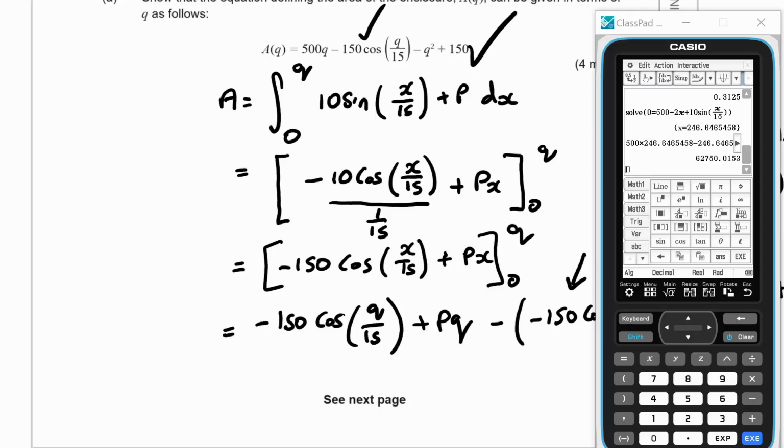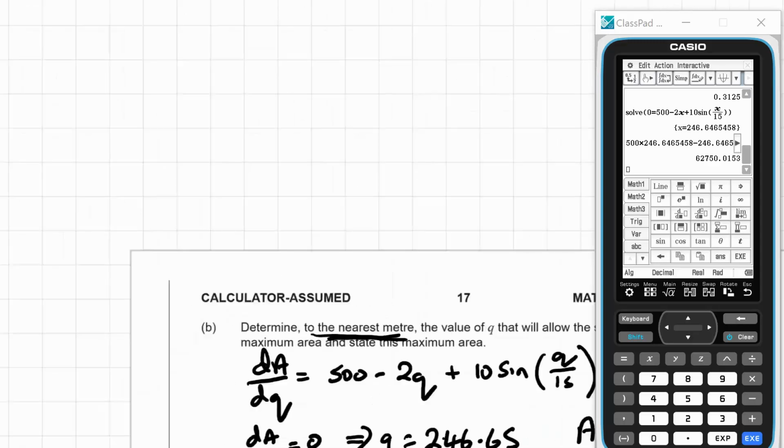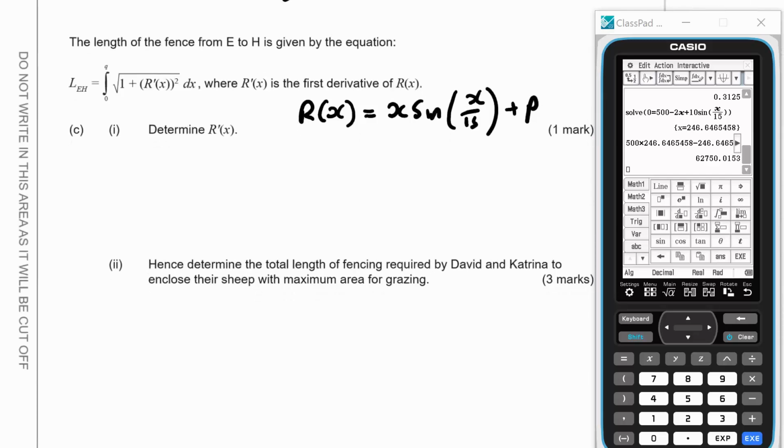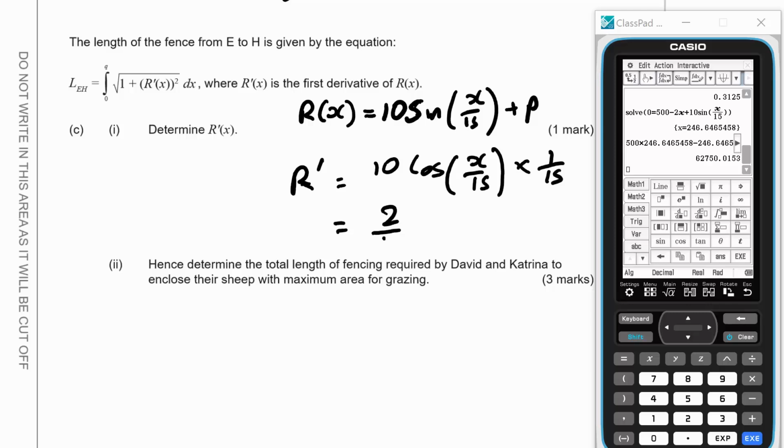There was a 10, wasn't there? Yep. So it was that. So r dashed, sine differentiates to cos. So it'll be 10 cos x over 15. The p is just a constant, that'll disappear. Chain rule, we need to multiply by 1 over 15. So that is going to be 2/3, 10 over 15 cos x over 15.